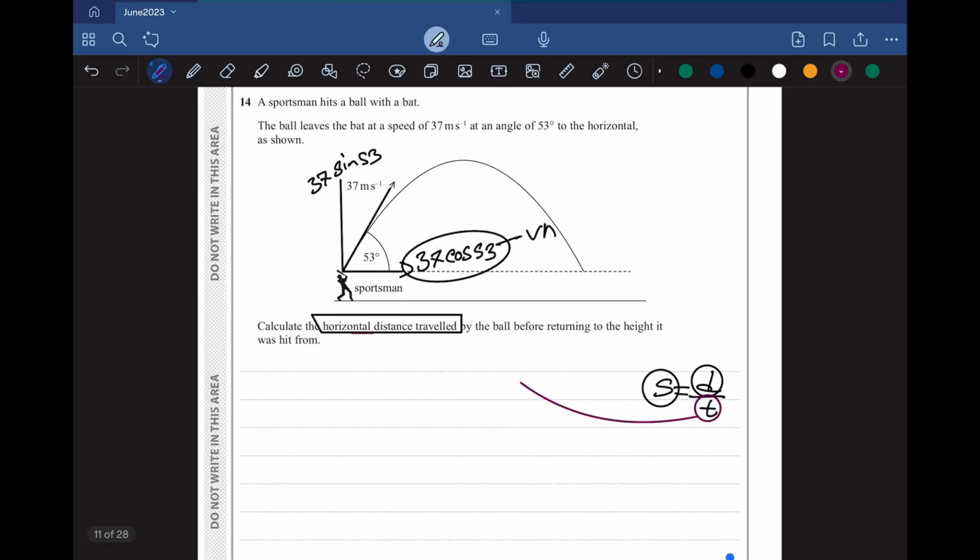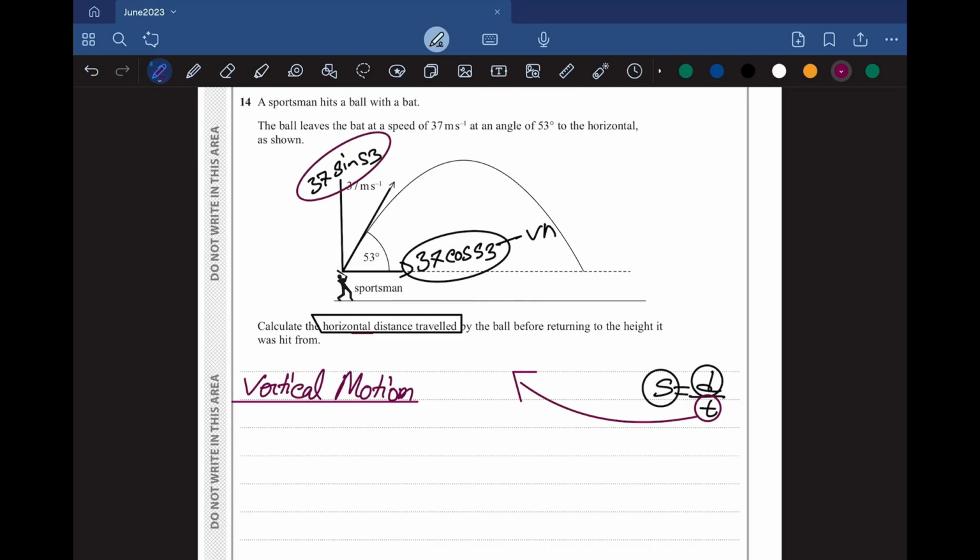To figure out the time, you can use either vertical motion or horizontal motion, but I will be using the vertical motion. While using the vertical motion, I will have to use the vertical velocity.